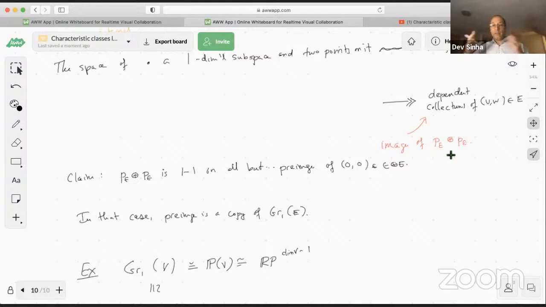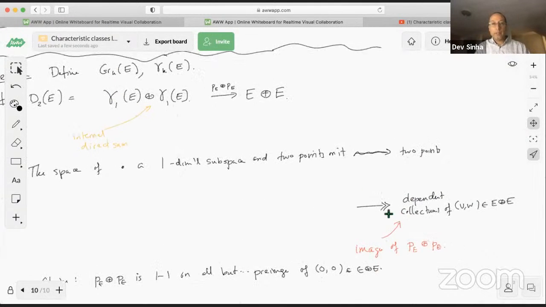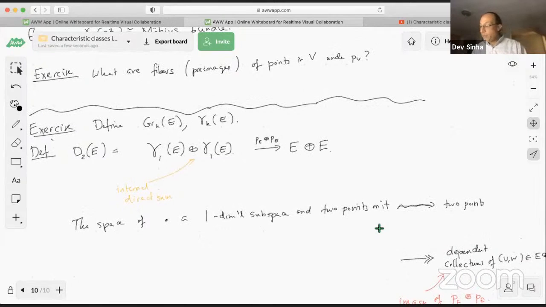So in this case, I've got D2, this space that wants to be the space of dependent collections of V and W, right? So the claim is, let me write it up here now, that this factors through D2 hat, which remember was that subspace.